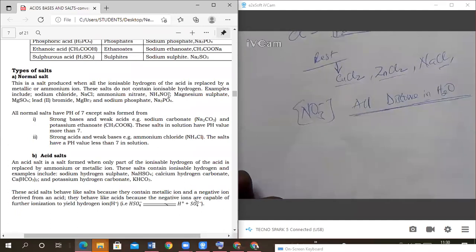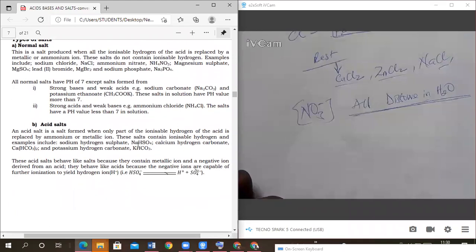Here, all the ionizable hydrogen of the acid has been replaced. That is a normal salt. An example is ammonium nitrate, sodium chloride. All the hydrogen of hydrochloric acid has been replaced by sodium. Here, only part of the acid, like sulfuric acid, has been replaced by the metal.